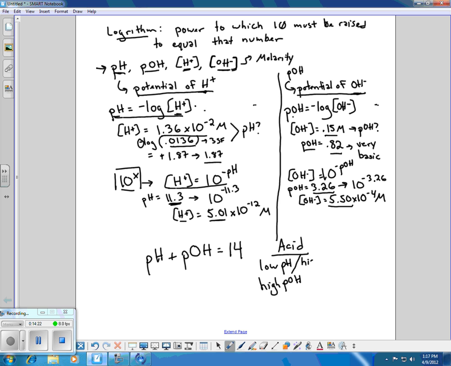You're going to have a high H+ concentration. And then the same is true down here. When you're talking about a high pOH, you're actually talking about a low hydroxide concentration. The flip side is also true, so let's make sure we get that down.